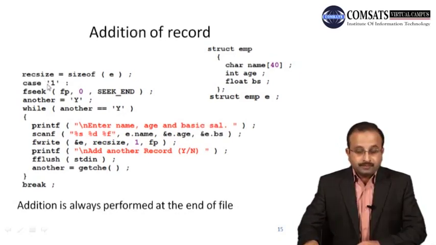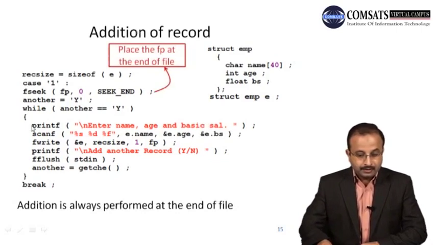Then this is case number 1, addition of the record, and fseek. Now this fseek will move the file pointer to the end of the file, and from the end it moves 0 bytes backward or forward. So the file pointer points to the end of the file. In the while loop, you ask the user to input name, age and basic salary.